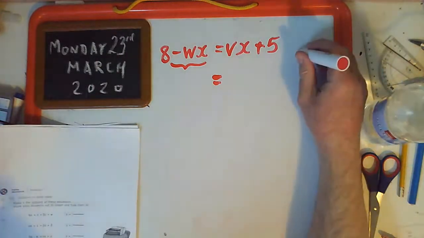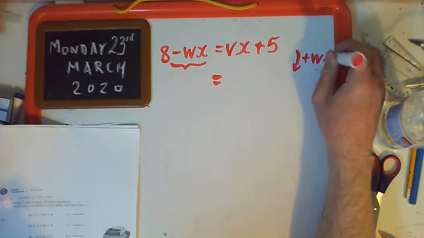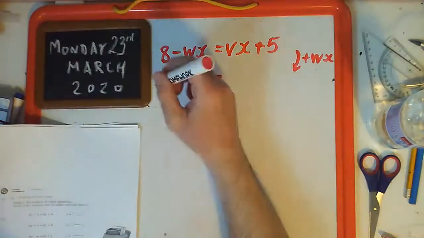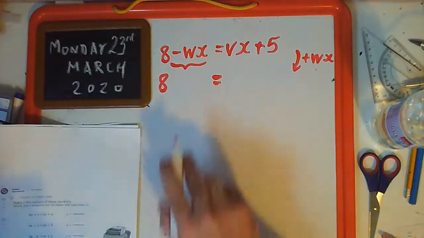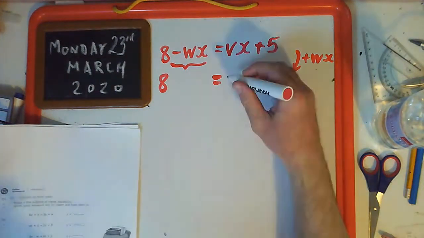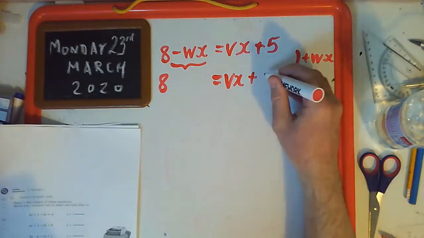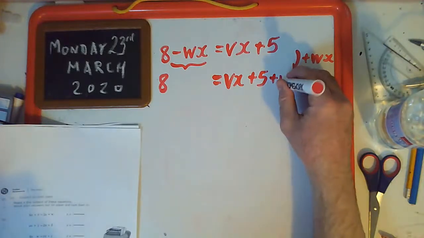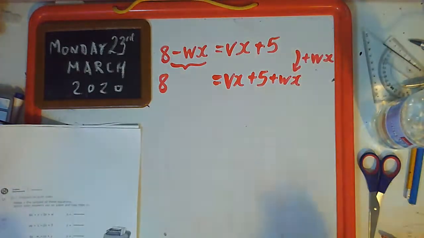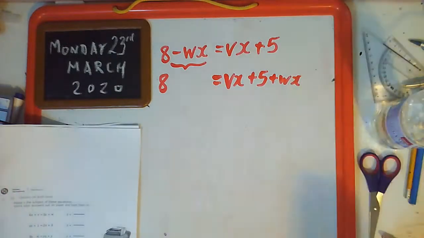So actually what I'm going to do is add wx to both sides, and then that cancels out the minus wx, and we just get an 8. But then I've got to do plus wx on the other side as well. So what I had before, plus wx.